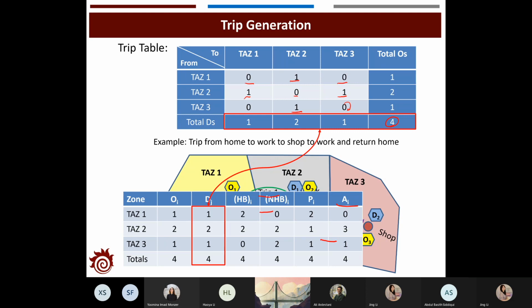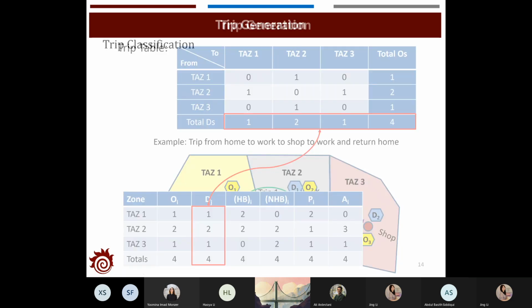So basically, if we just count the number of the origin and destination, you can determine the total number of the trips from the origin or to the destination. But the trip table will give you more details about how many of the trips go from one origin to one destination. So that's the definition of the trip table.